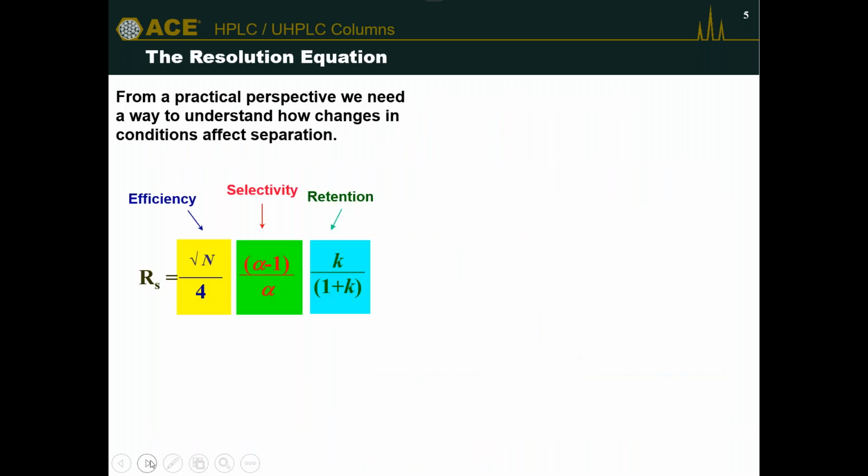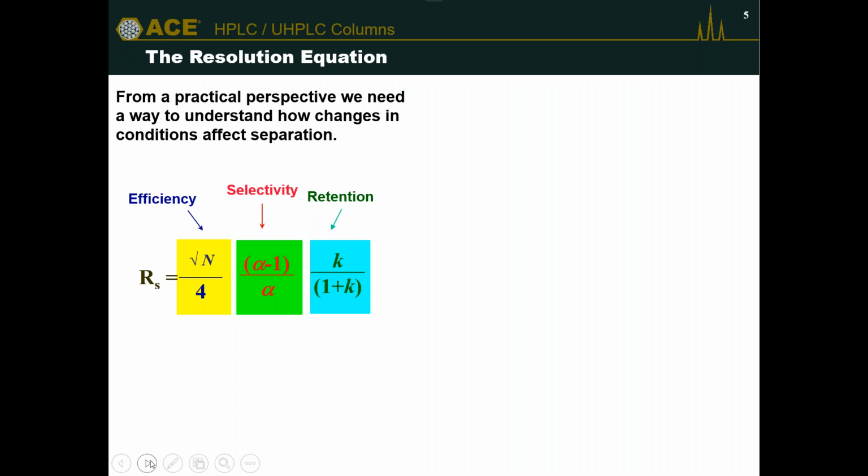And when we think of this in a more theoretical way, the resolution is made up of 3 parts. One of them is the retention of our analyte. So we need to have an interaction of our analyte with the column under the given mobile phase conditions.